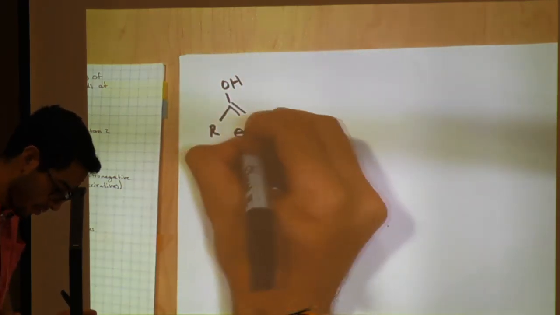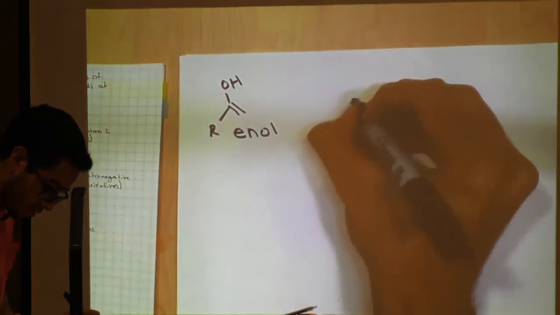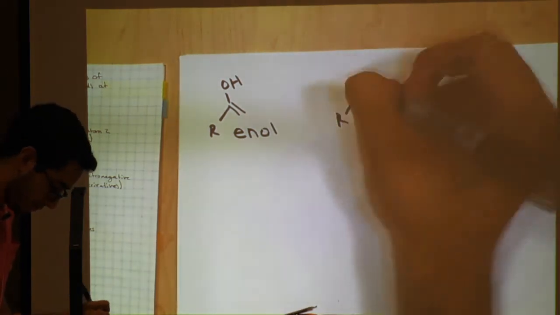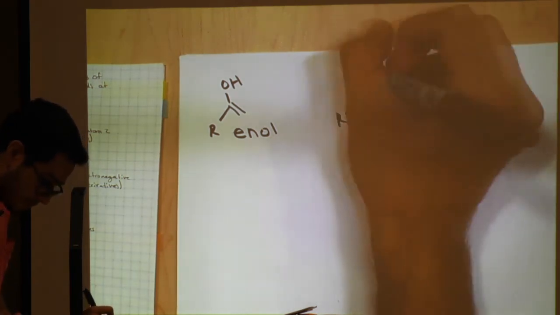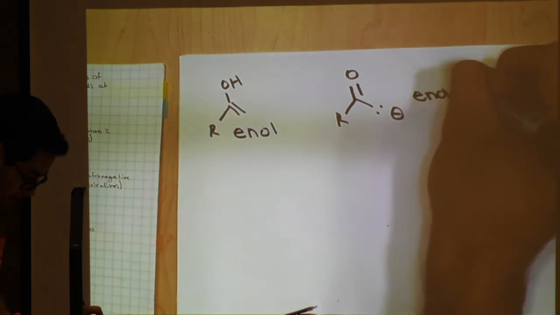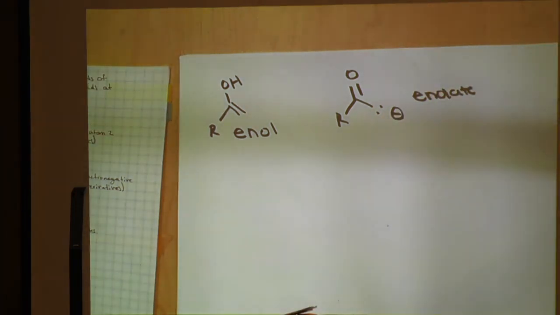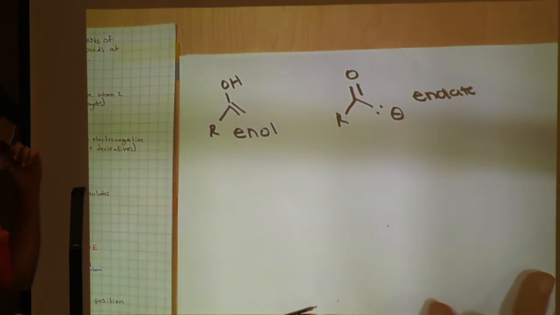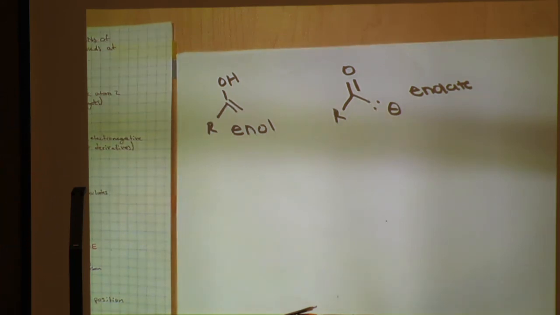This is an enol, while this is an enolate. Essentially, they're just tautomers of the carbonyl group, and they differ in position in the pi bonds. So in a way, you could say they're the same thing, just different variants of each other, okay?